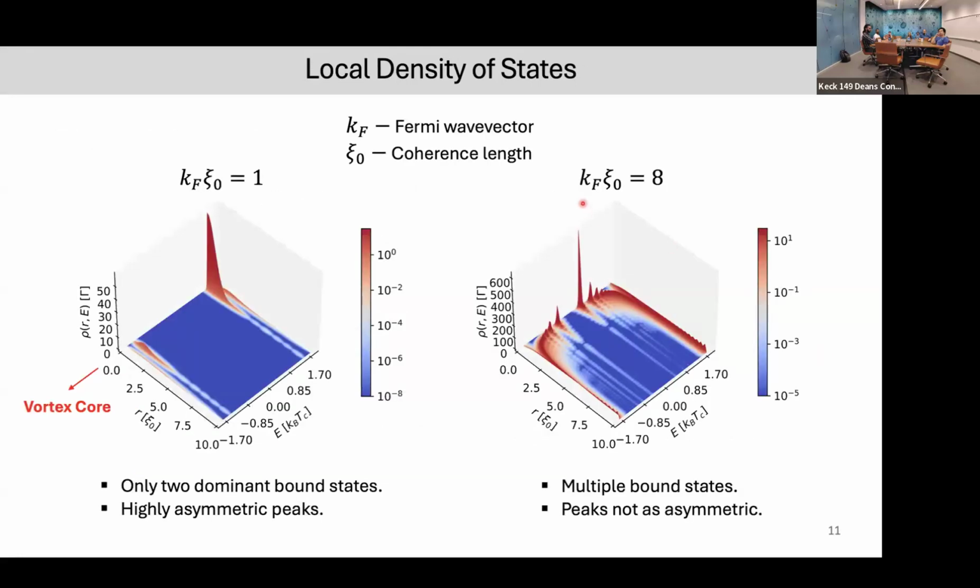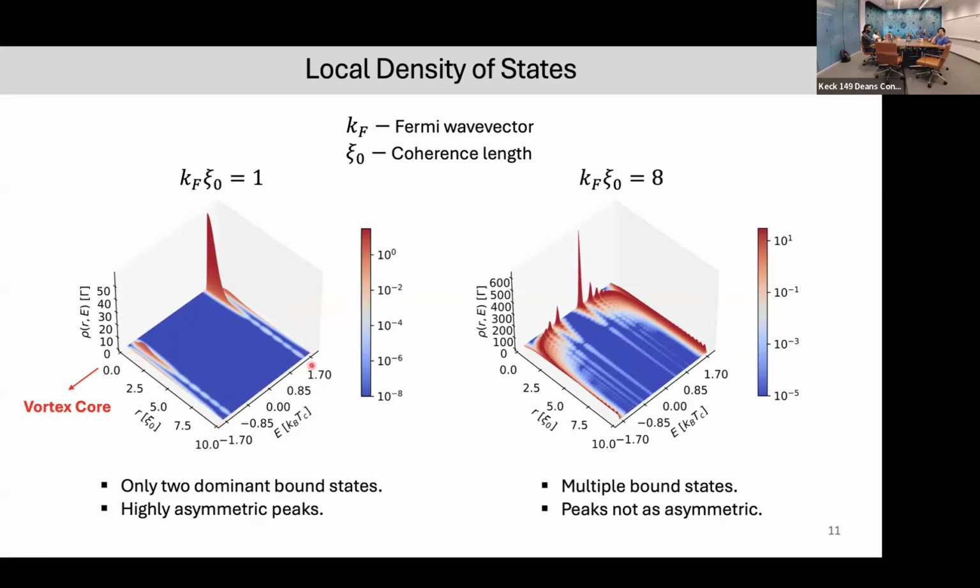We can also take a look at the local density of states to see in more detail how these excitations look. I'm plotting here the local density of states for two values of Kf psi naught, 1 and 8. On the z-axis, there is the local density of states expressed as a function of distance from the vortex and the energy.